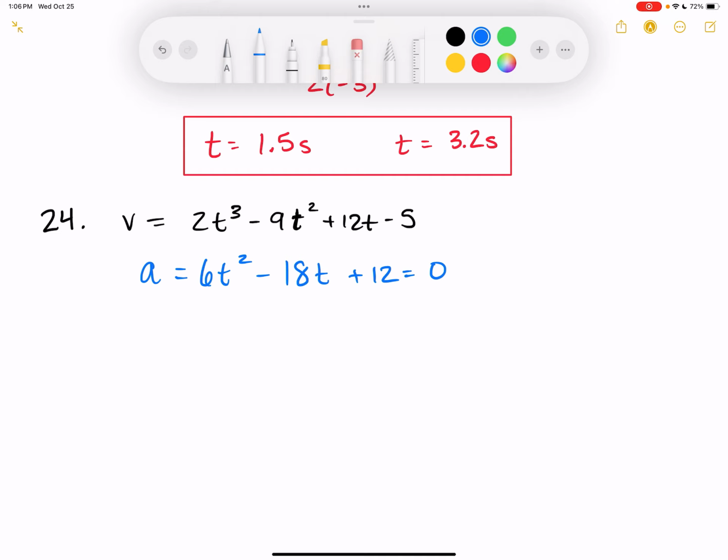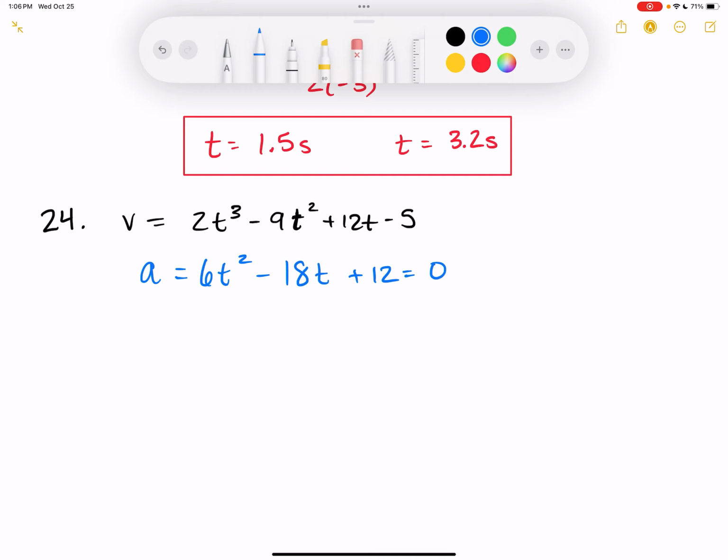Now what can I do? I can make my life easier. We can extract a 6 out of there. I can take out a 6, and what's going to happen to it?